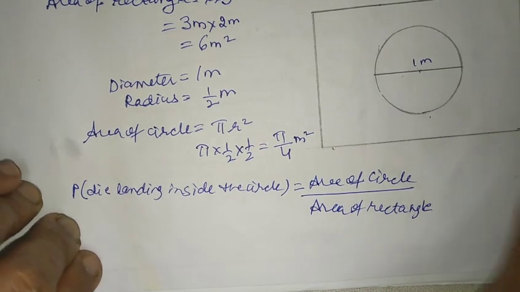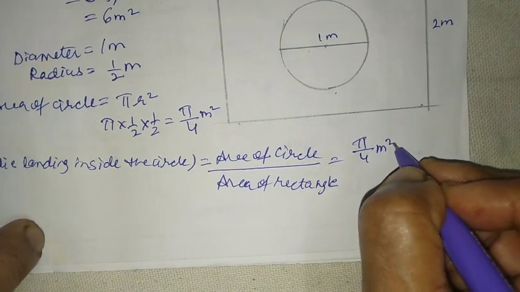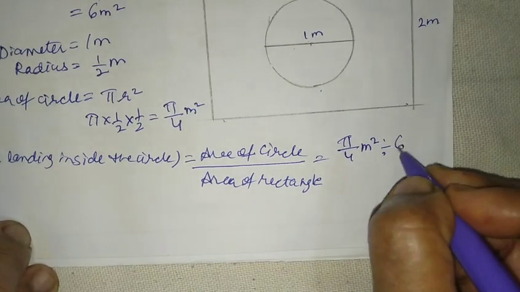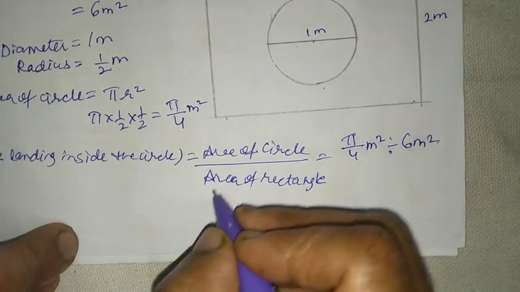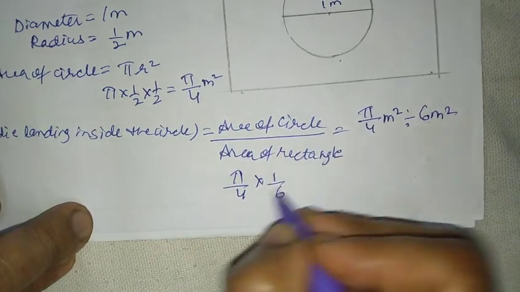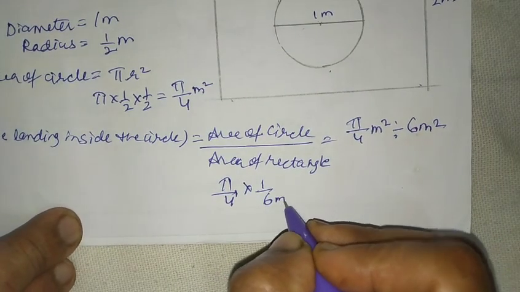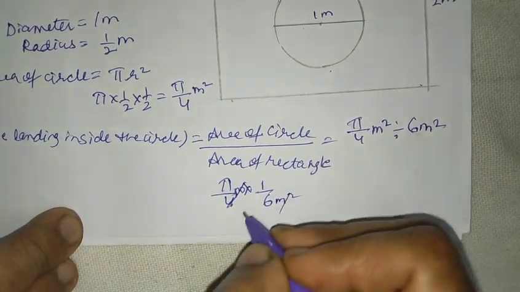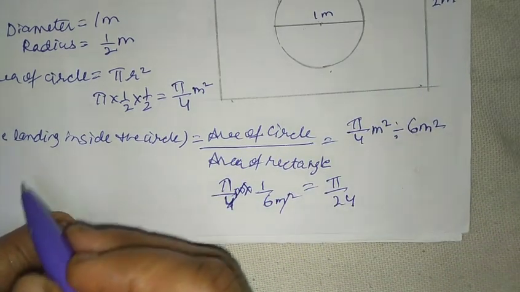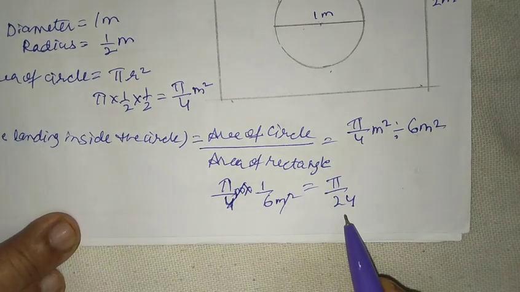So now we have the area of the circle is pi by 4 meter square and we have to divide it by the area of the rectangle, that is 6 meter square. So it will be pi by 4 into 1 by 6 here, and meter square here cancels out and we have pi by 24. So the probability of the die landing inside the circle will be pi by 24.